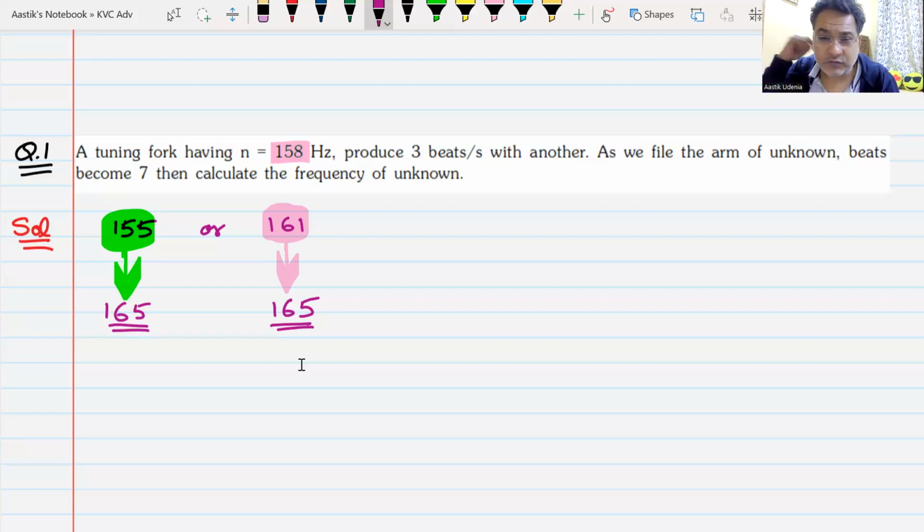We can only do it on the known frequency because then we will know what will happen. If we do it on the unknown frequency, it becomes confusing. Here it was done on the unknown tuning fork, and that is why both answers were possible. Do we get my point?